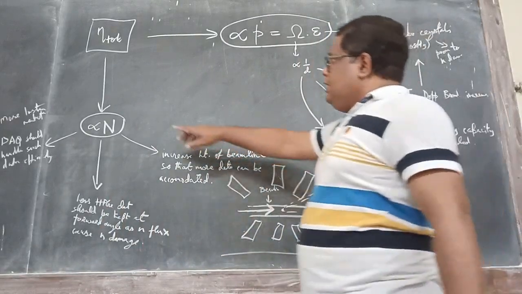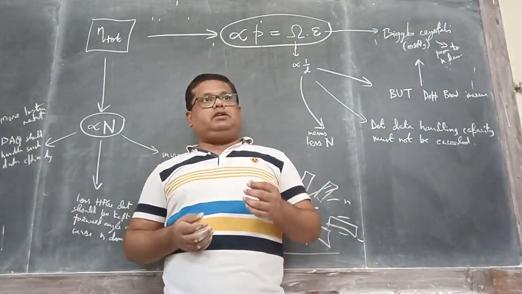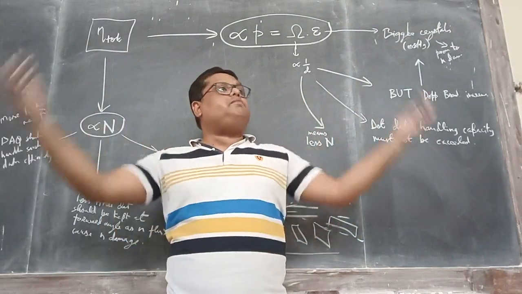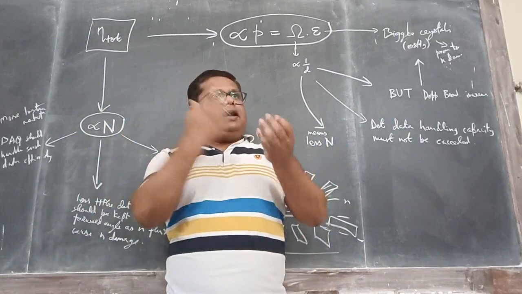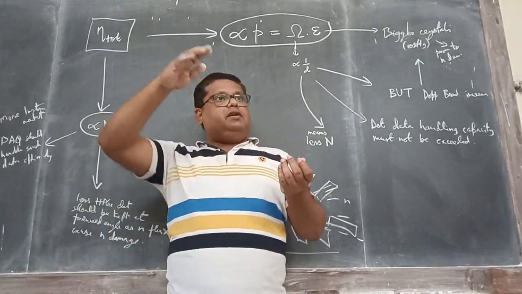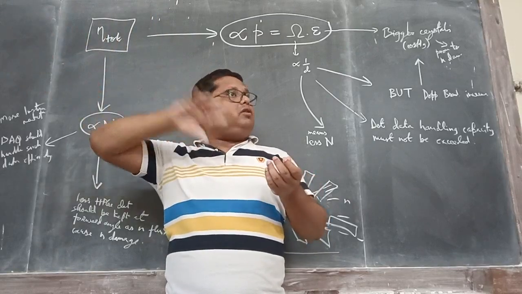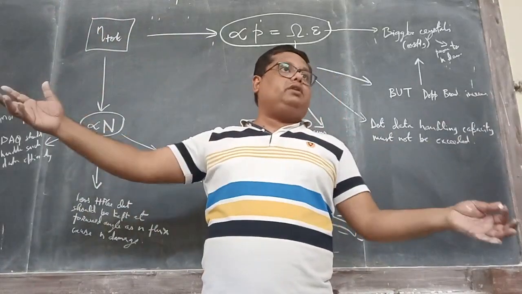Next, you see, increasing the number of detectors means what? I will show you pictures later on. It means a large number of electronics. Even a single detector will have an amplifier, then on the timing sector, TFA, CFD, and discriminator and all that stuff. So increasing the number of detectors means more and more electronics.